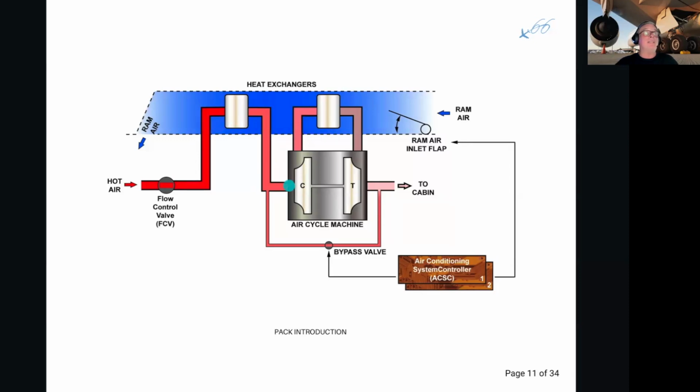And what happens when we compress air? It gets really hot again, even hotter maybe. But we heat exchange it again. How do we heat exchange it? It's by induction. In other words, we're putting it in the stream of cold air. This is ram air, and ram air is very, very cold. It's minus 57.